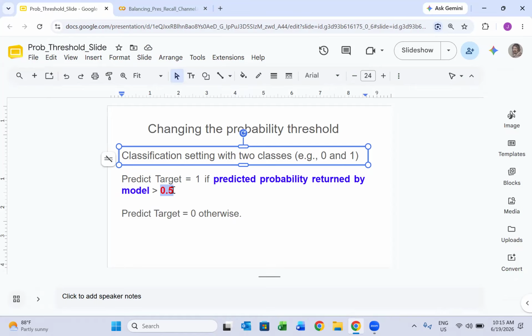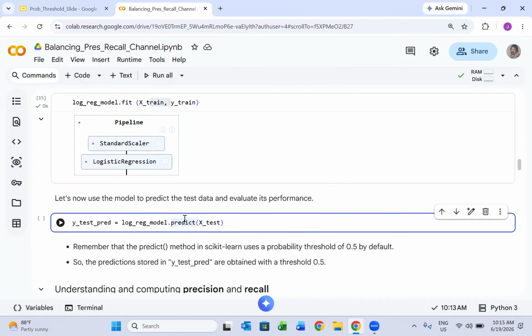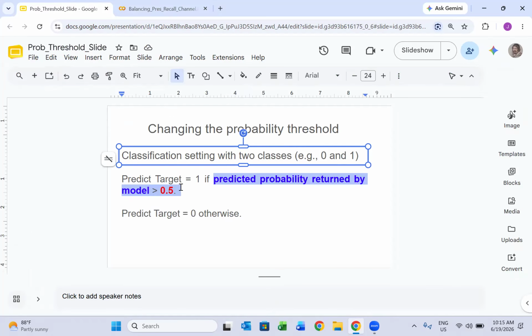This 0.5 is the probability threshold. And again, in the background, when you invoke that method, that inequality is being evaluated for each test observation to be predicted. And that is something that we can change. So we can change that default value of 0.5, and that's what I'm going to do later. I'm going to change it, and you will see what happens with precision and recall.